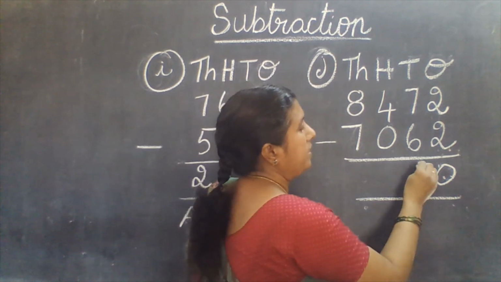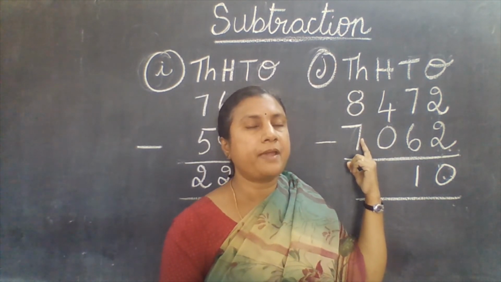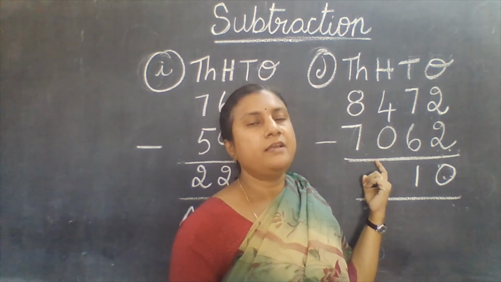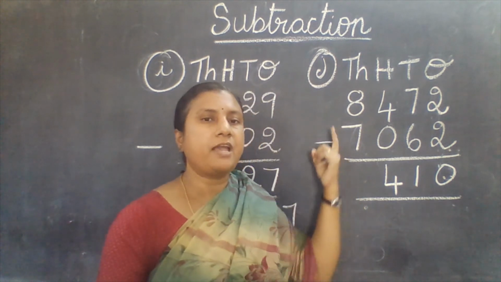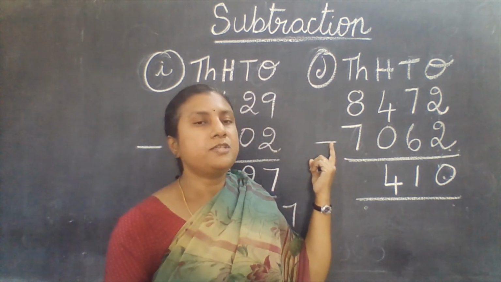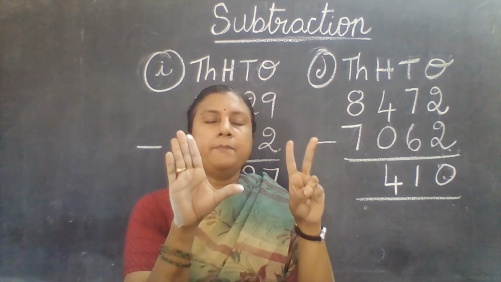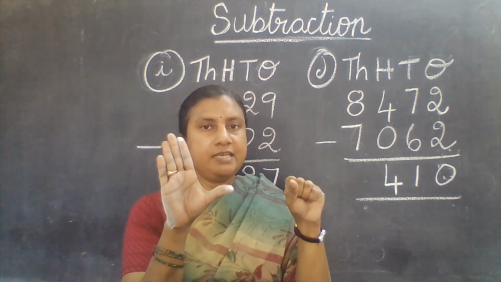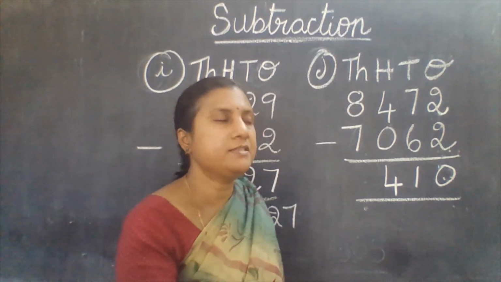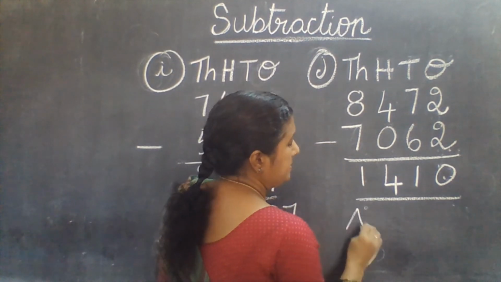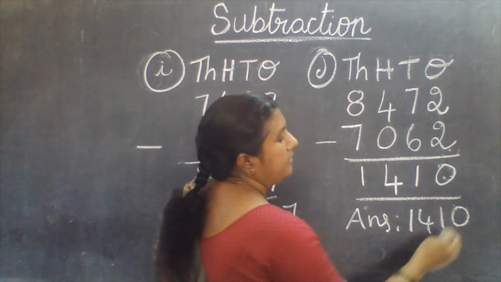It is 1. Next in hundreds place, 4 and 0 are there to subtract. According to 0 property, the difference will be 4. In thousands place, we have 8 and 7 to subtract. So 8 in your mind, 7 in your fingers. Before 8: 7, 6, 5, 4, 3, 2, 1. What is the difference? It is 1. So what is the answer? 1410.